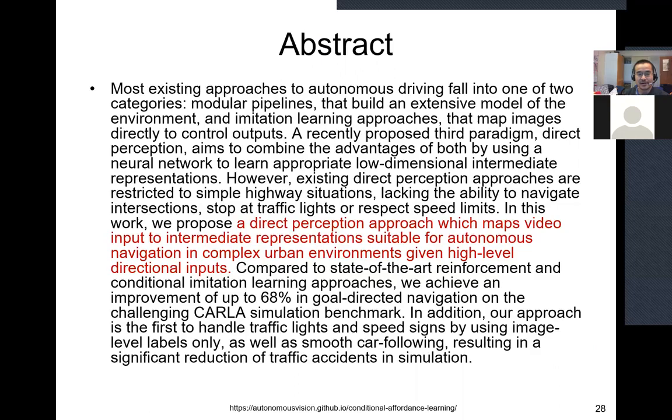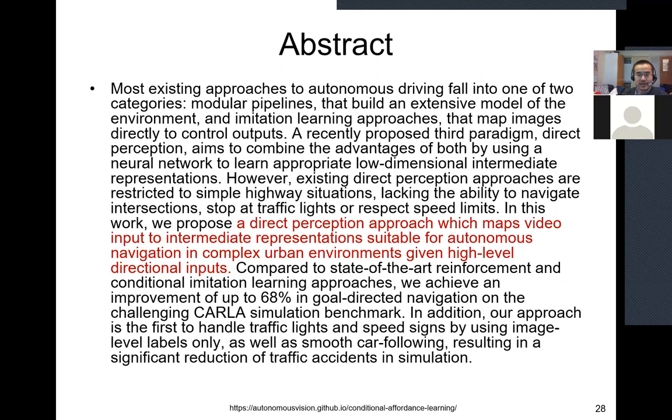The third paradigm is direct perception, which uses a neural network to learn appropriate low-dimensional intermediate representations. But existing direct perception approaches are restricted to simple highway situations, lacking the ability to navigate intersections, stop at traffic lights, or respect speed limits.